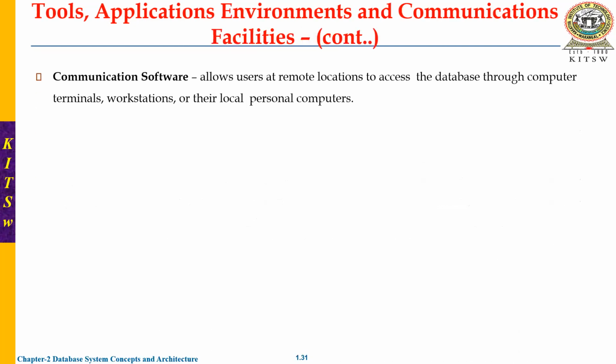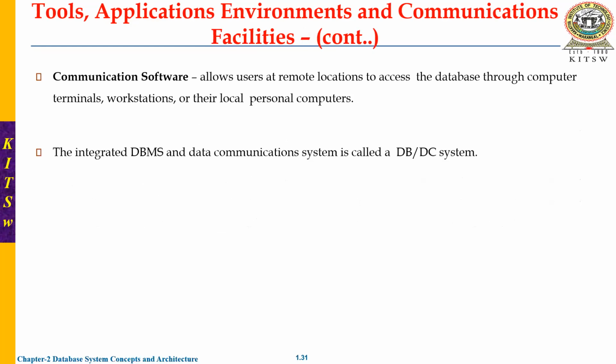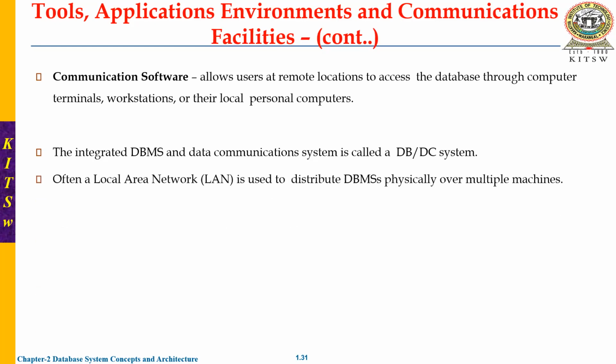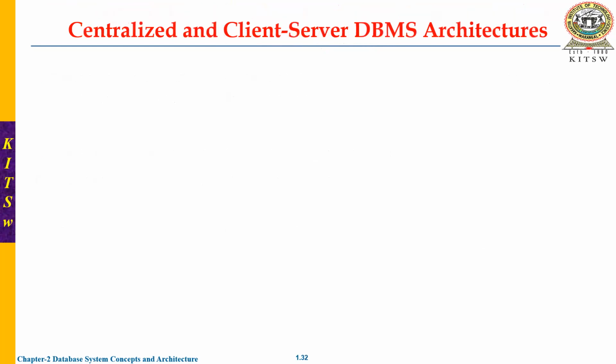Communication software allows users at remote locations to access the database through computer terminals, workstations, or their personal computers. An integrated DBMS and data communication system is called DB/DC, data communication systems. Generally, a local area network is used to distribute the DBMS physically over multiple machines.